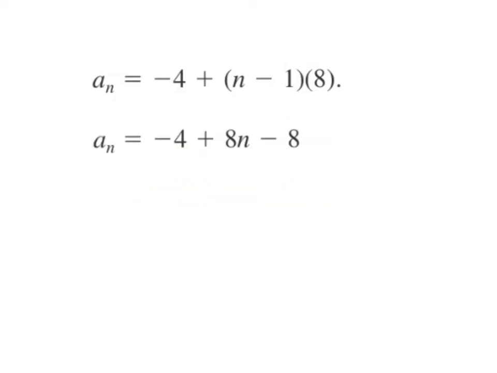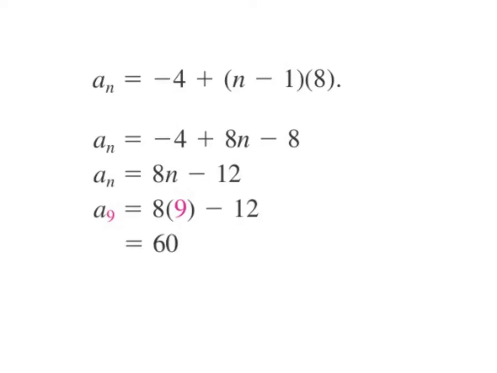What I did was actually simplify it first and then plug 9 in, but you can do it either way. Either way, you get 60. Either one of those works. Okay? So that's how you find a term when you're not given the common difference. You have to be given another term, though.